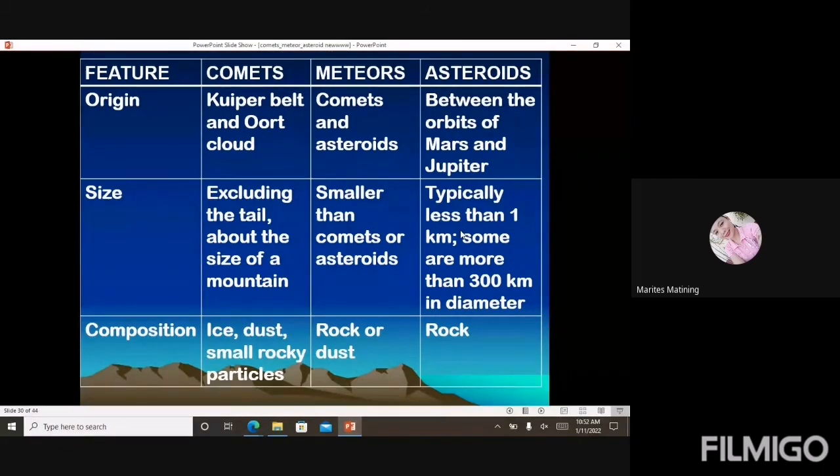Sa sizes naman, excluding the tail about the size of a mountain, samantalang si meteor is smaller than comets or asteroids. Asteroids typically less than 1 kilometer, some are more than 300 kilometers in diameter. Comets, composition, ice, dust, then small rocky particles. Si meteors, rocks or dust. Then, asteroids, rock. So, those are their differences.